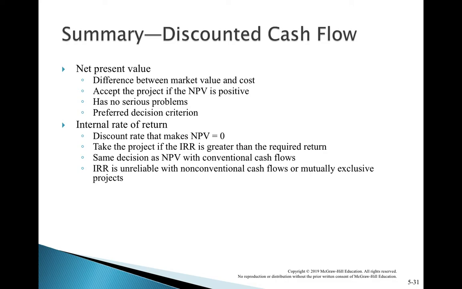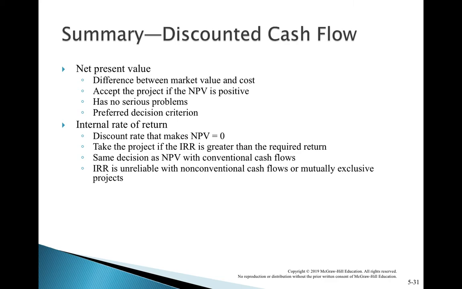NPV is the difference between market value and cost. Accept the project if NPV is positive; it has no serious problems, a preferred decision criterion. Internal rate of return is the discount rate that makes NPV 0. So IRR is the rate at which NPV becomes 0.